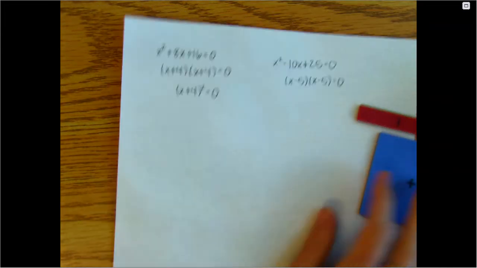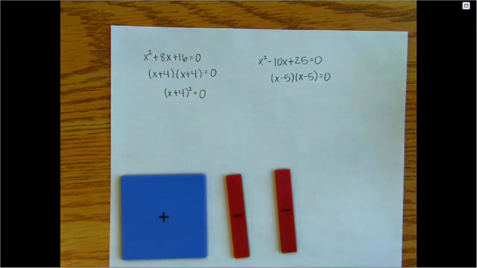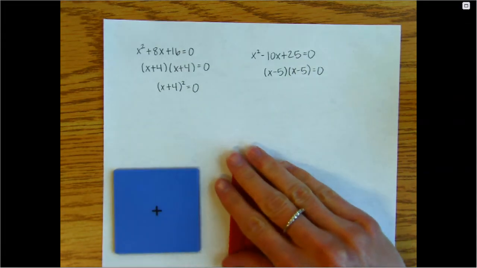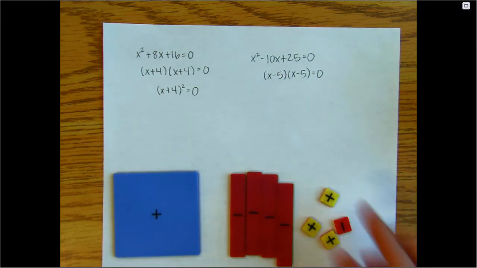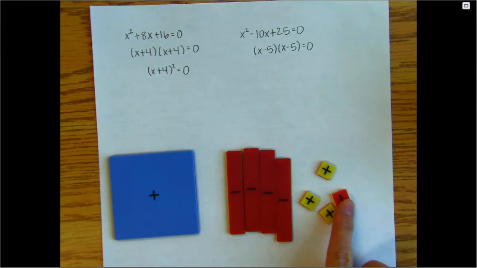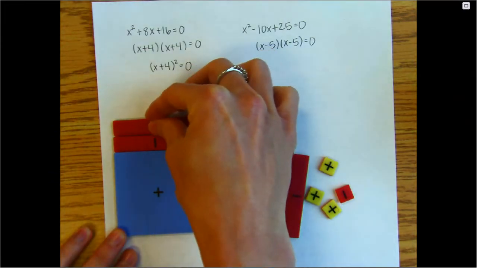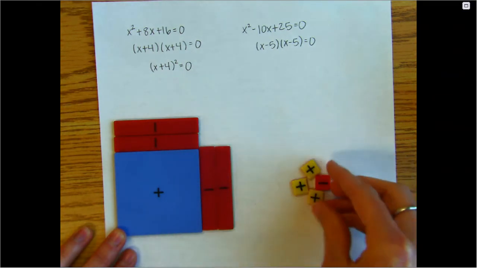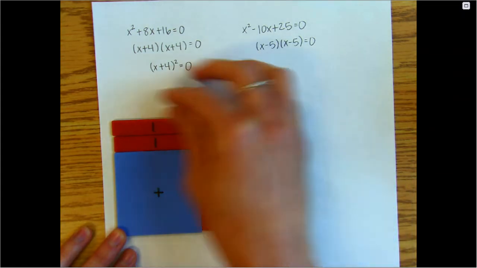You can do the same, like if I had x squared, and then if I take 4 of these, okay, and then 4 of these little guys. So x squared plus 4x plus 4, I can create a perfect square with that because I can take 2 and 2 and then fill it in with this little section right here.